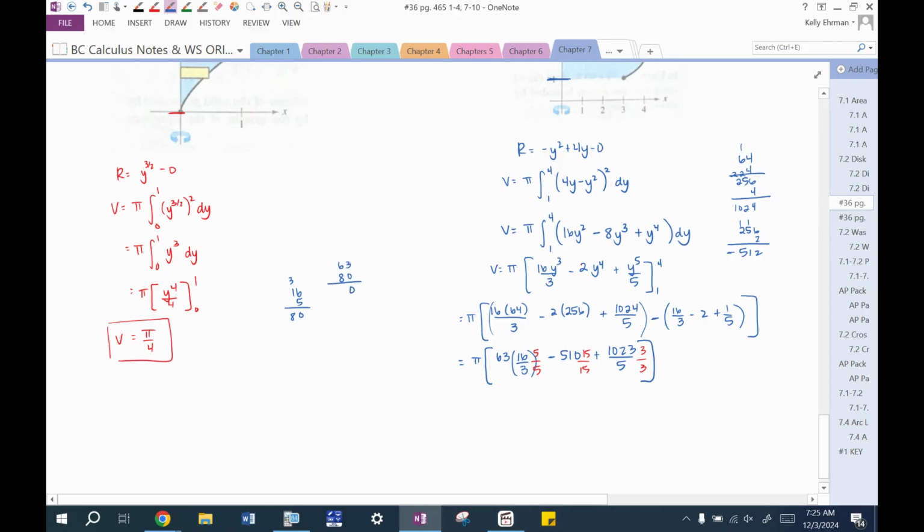Put a 0 there. 8 times 3 is 24. 8 times 6 is 48, plus 2 is 50. So this is 5,040 over 15. Minus, what's 510 times 15? That's 7650. Maybe I've screwed up somewhere already. I don't really know. We'll find out.